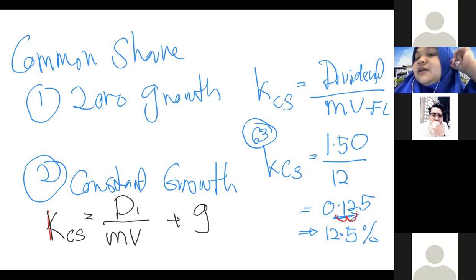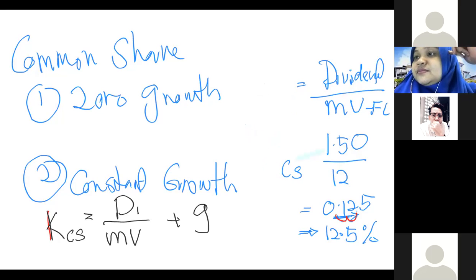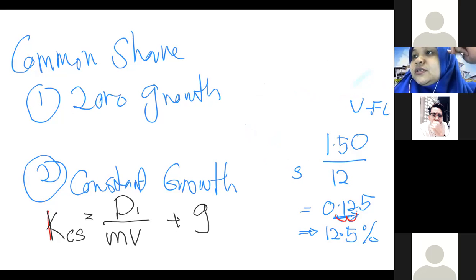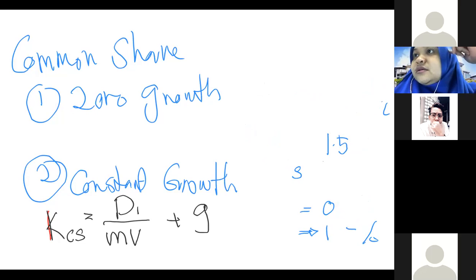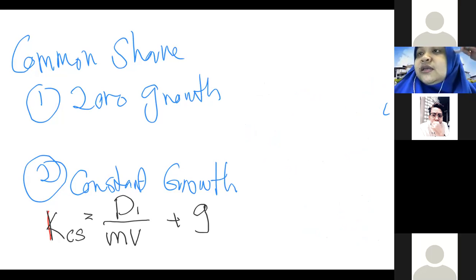Do you understand dividend at year one? Dividend at year one means you have to find the dividend at year one, which is the dividend of this year times growth. I hope you still remember dividend at year one.